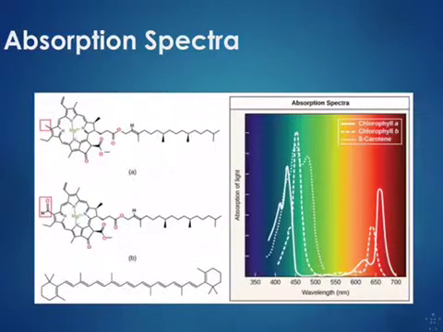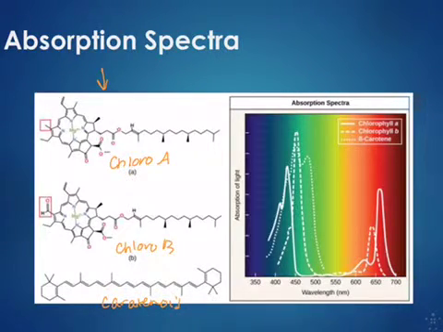On the left-hand side are the chemical structures: this is chlorophyll A, this one's chlorophyll B, and this is carotenoid. These red boxes indicate the only molecular difference between chlorophyll A and chlorophyll B.